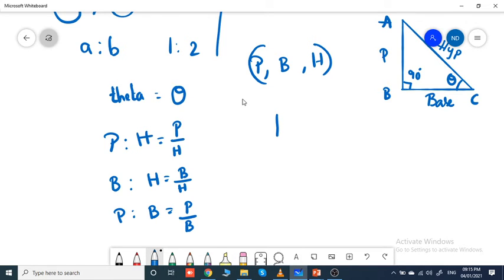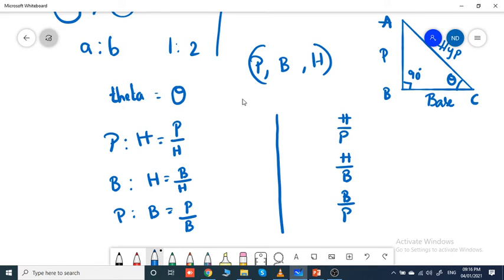Next, I'll take the reciprocal of all these 3. Then what will happen here? H reciprocal, that is H by P. Second one is reciprocal, that means H by B. Third one is reciprocal and it is called B by P. For these I want to give some symbols.